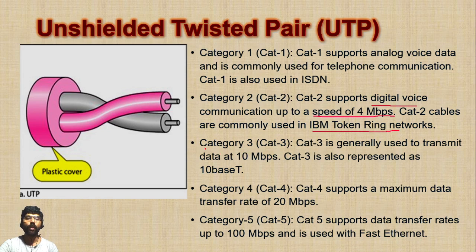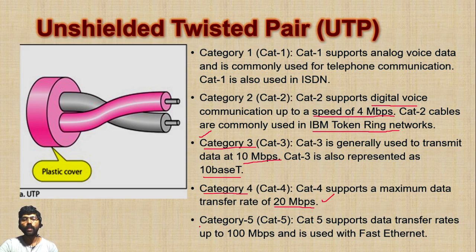The next one is category 3 UTP. Category 3 is generally used for transmitting data up to 10 megabits per second. It is also called 10 base T. Category 4 supports a maximum data transfer rate up to 20 megabits per second, but this type of UTP is used rarely.